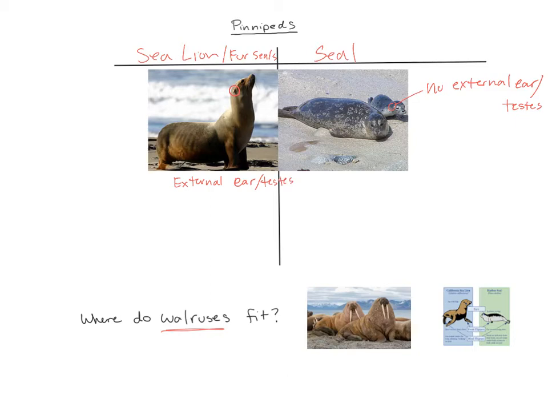And the seals do not. All right, you can also see this neck here. The fur seals and the sea lions have long necks. And the seals do not. They have very short necks.